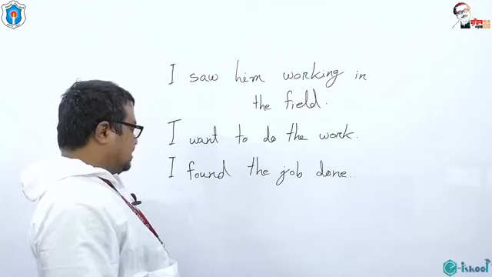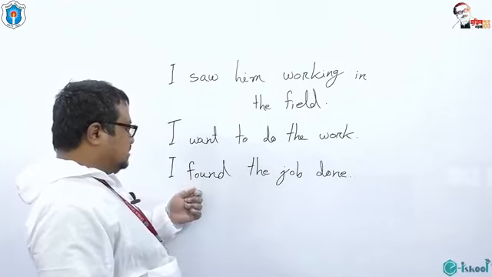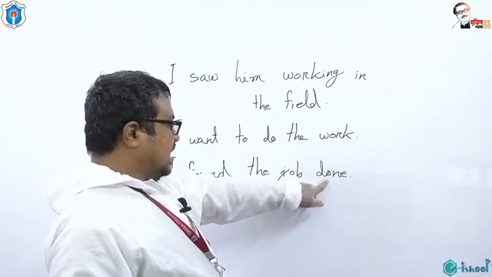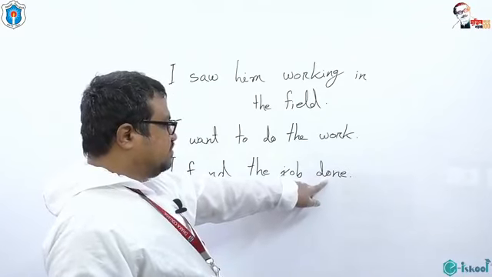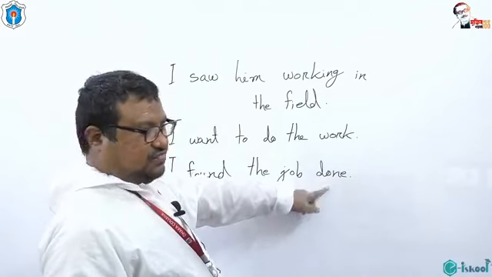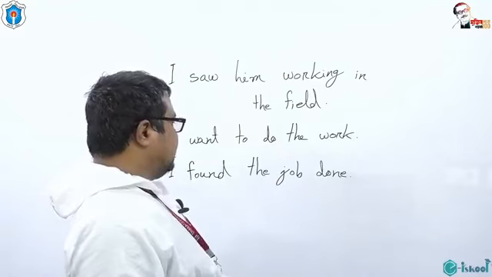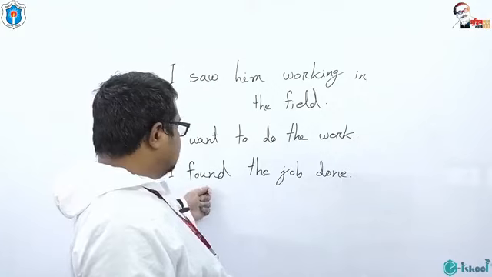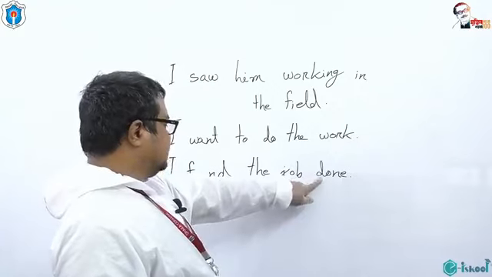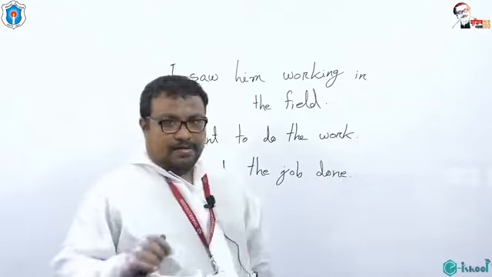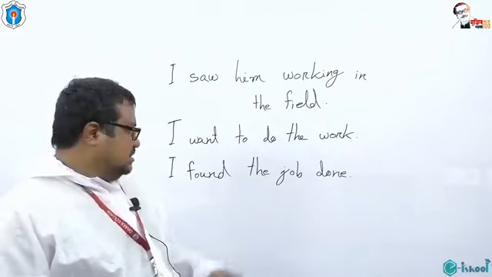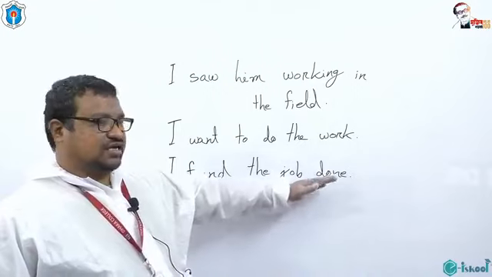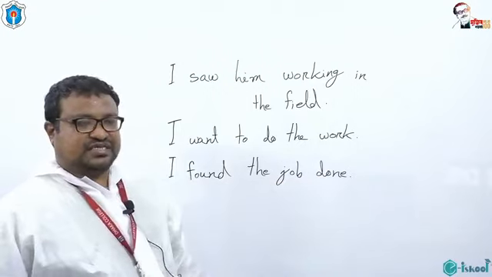And when I am using an object and then the past participle form of the main verb, I am actually using this past participle form because the task or job is already completed, that is, the job has been finished.